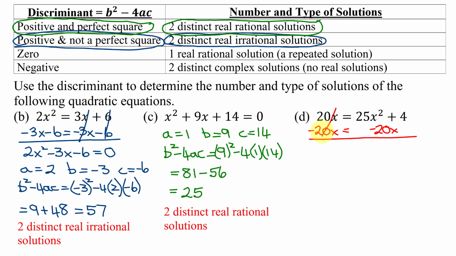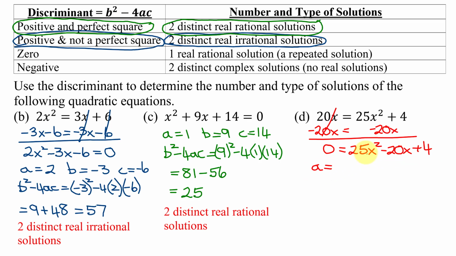And I get 20x minus 20x is 0 equals 3 unlike terms on the right-hand side, writing them in descending order, I get 25x squared minus 20x plus 4. Now, is this written in standard form? Yes, it doesn't matter if all my terms are on the right-hand side in descending order and 0 on the left or the other way around. So now I have my equation in standard form.